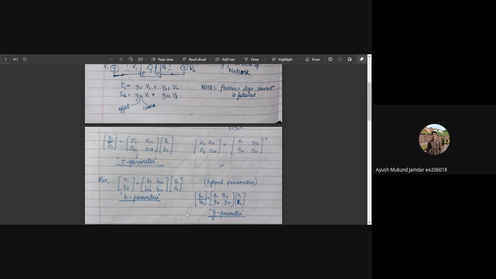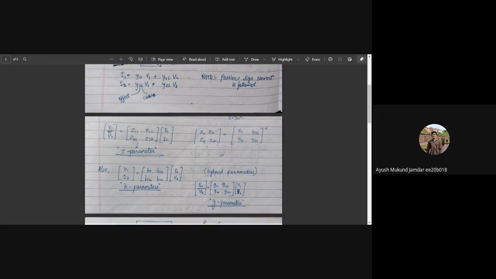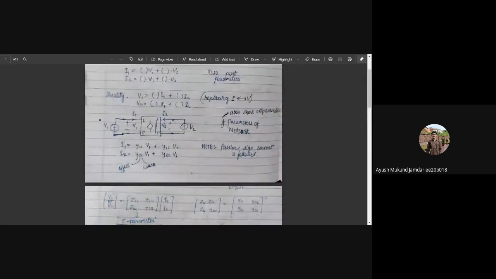H and G are hybrid parameters because they don't have the dimensions of conductance or resistance specifically. H11 has the dimensions of resistance, whereas H12 is a dimensionless quantity. For G, G11 has the conductance dimension, whereas G12 is dimensionless. So these are the four parameter sets that we discuss in two-port networks.